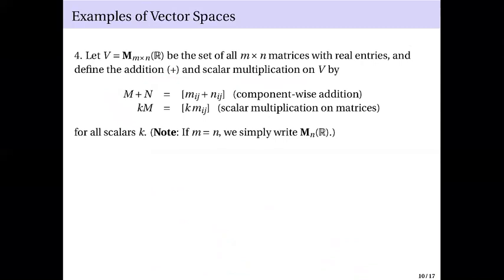If you add two matrices of the same size, you just add component-wise. If you multiply a scalar k to a matrix M, you multiply k to each entry of the matrix.